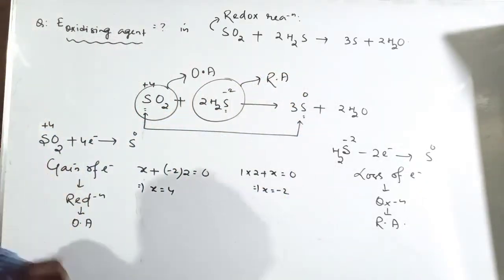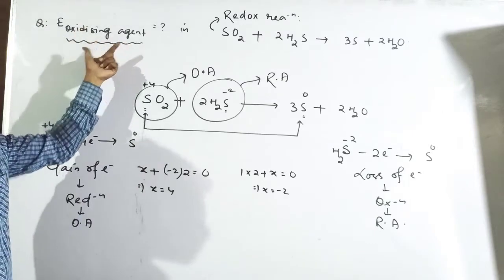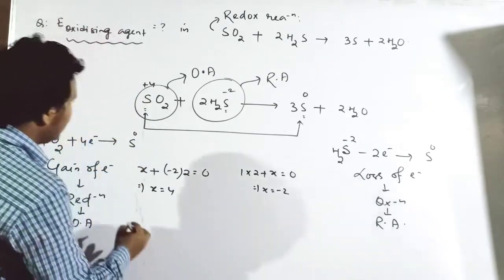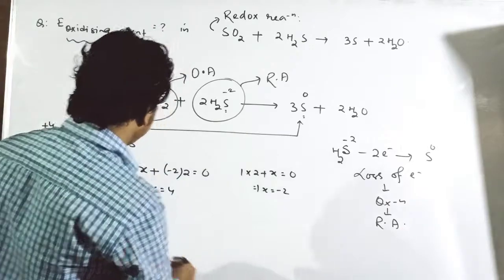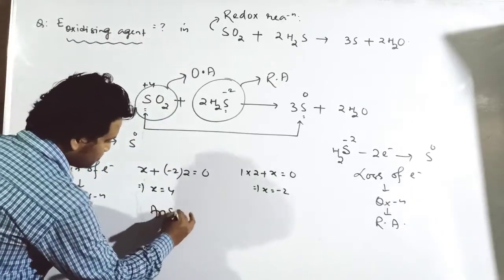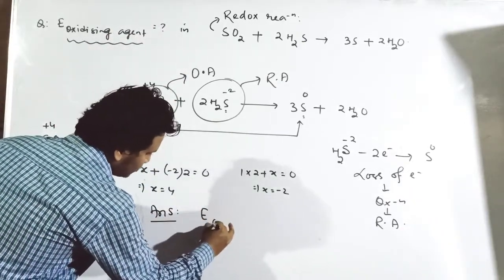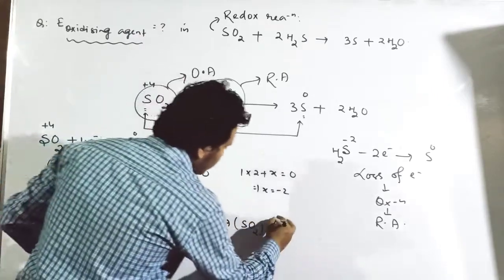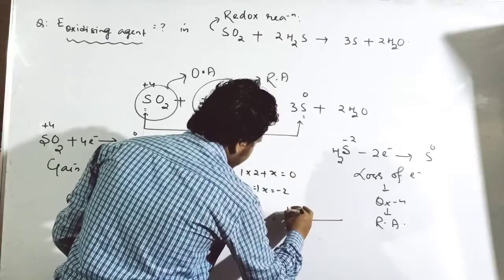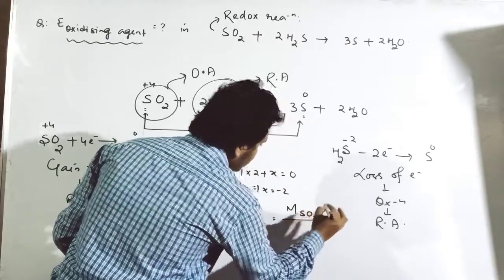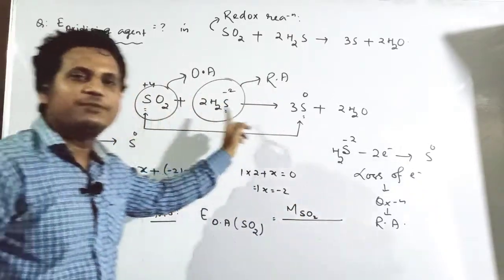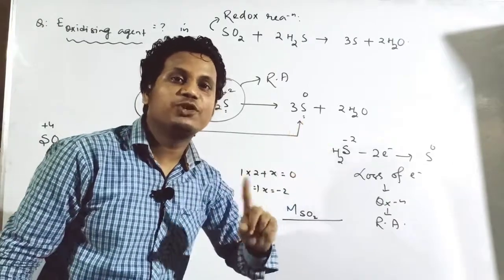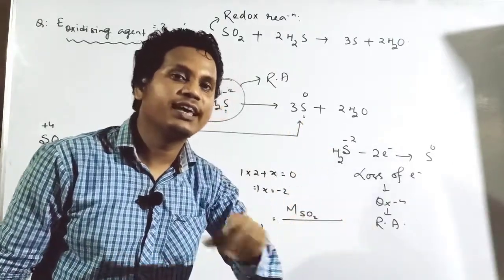We were asked to find the equivalent mass of the oxidizing agent. So what will be the answer? Equivalent mass of the oxidizing agent, SO2, is the molar mass of SO2 divided by the number of electrons lost or gained.